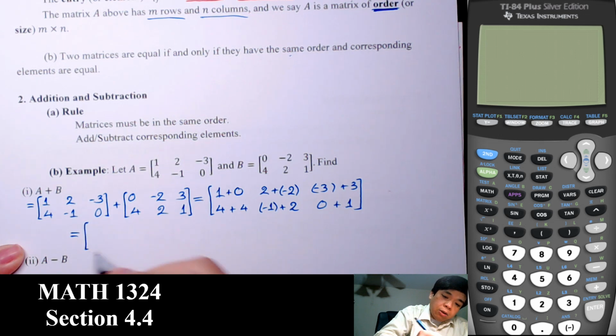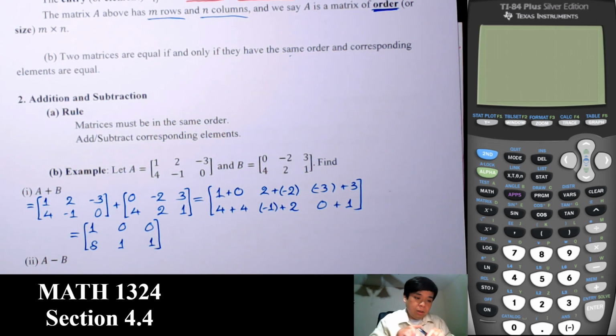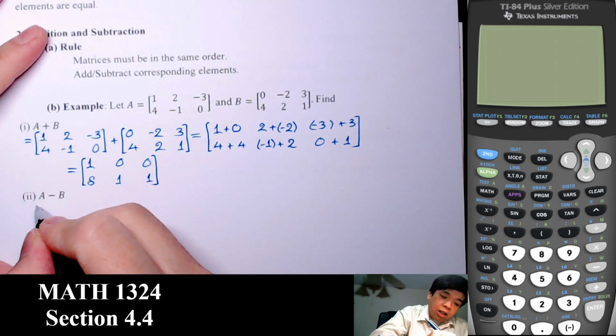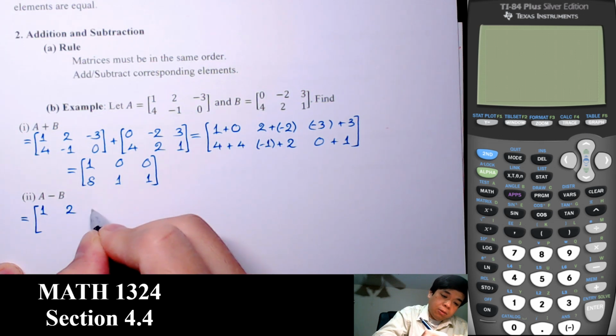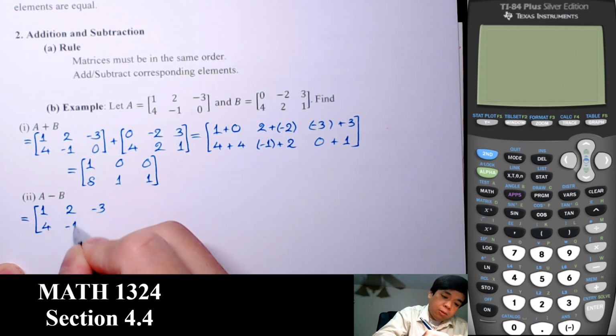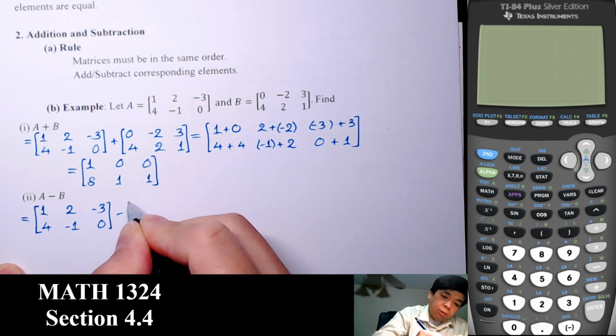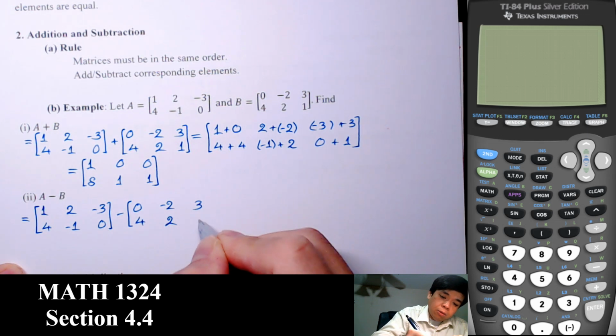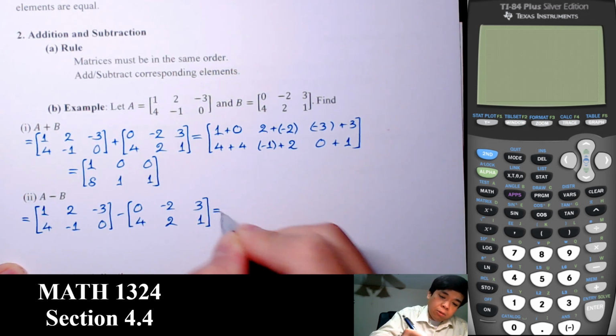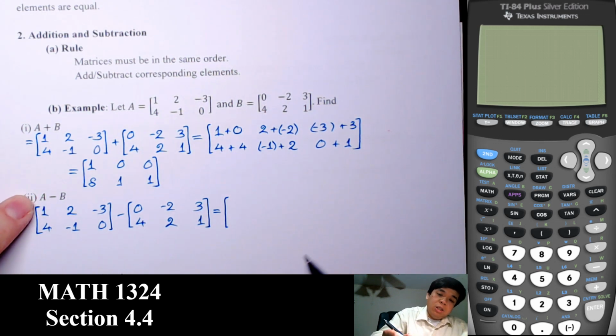That gives us 1, 0, 0, 8, 1, and 1. And when we subtract, we just subtract the corresponding entries.